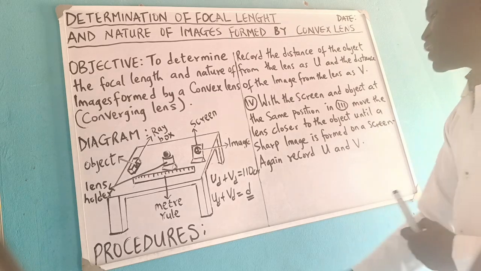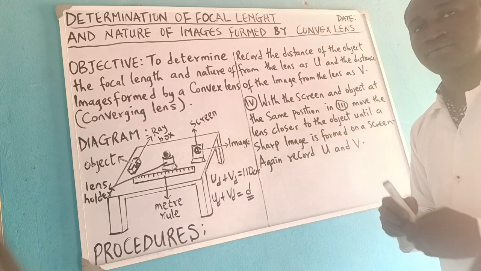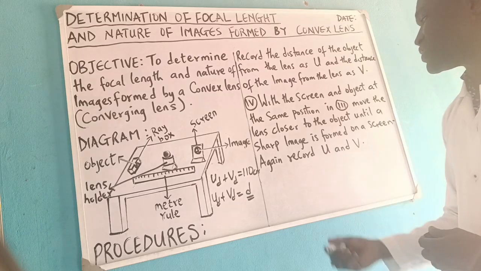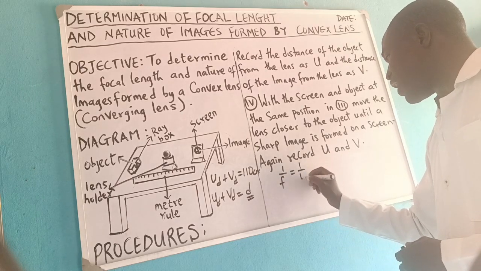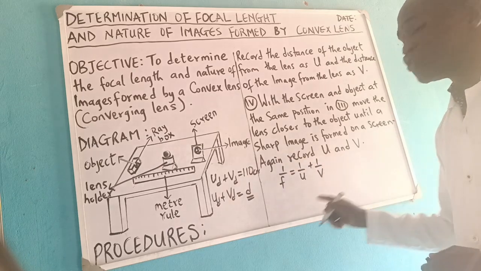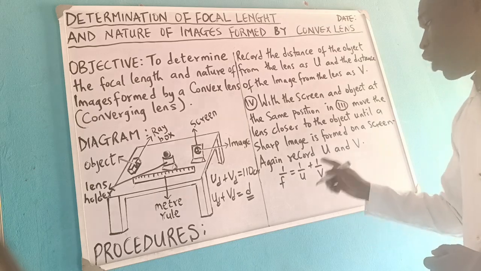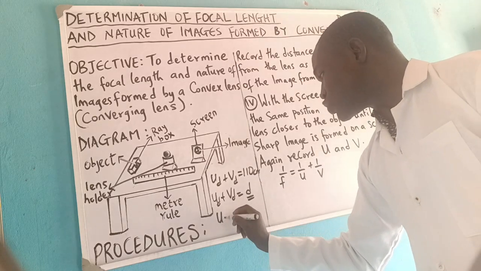Rule number 1 is that u plus v equals 110. And also note that 1 over f is equal to 1 over u plus 1 over v. That is from your lens formula. Do you understand this? Then make u the subject of the formula.